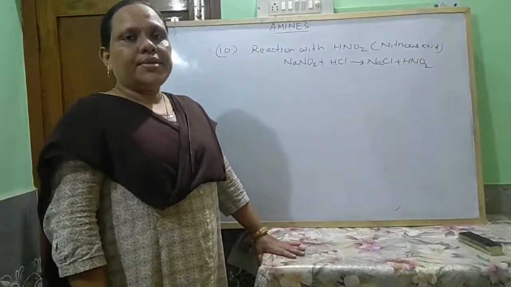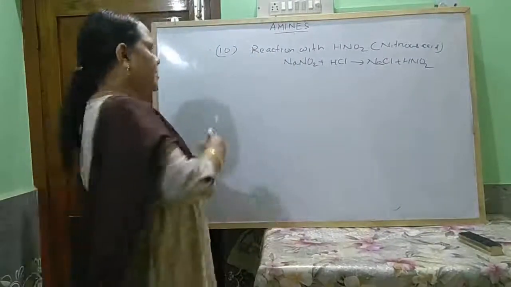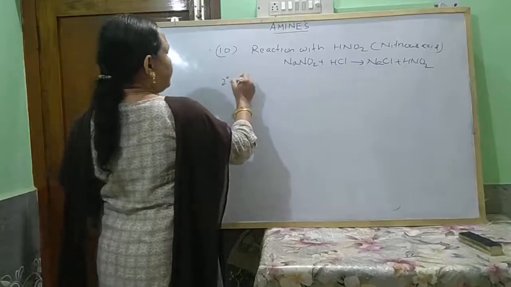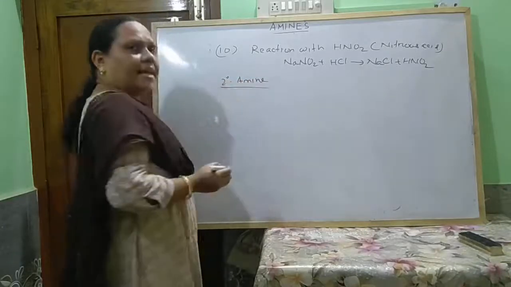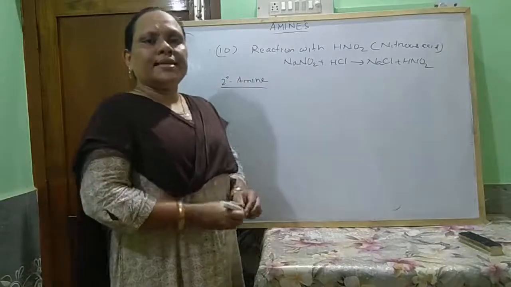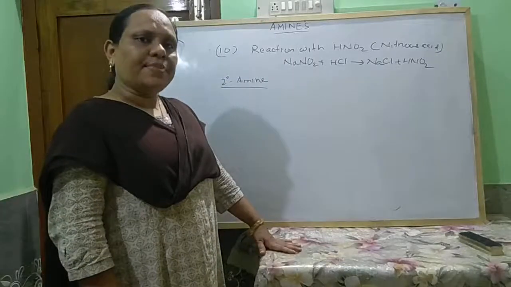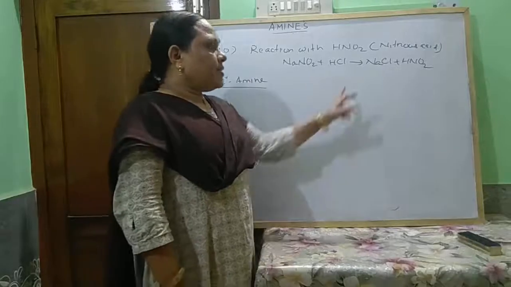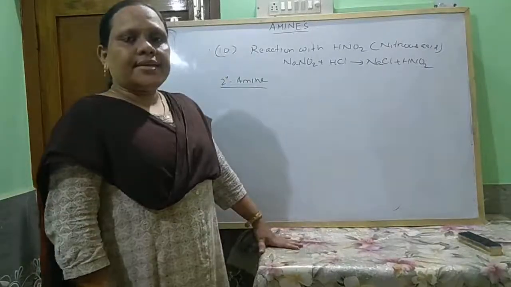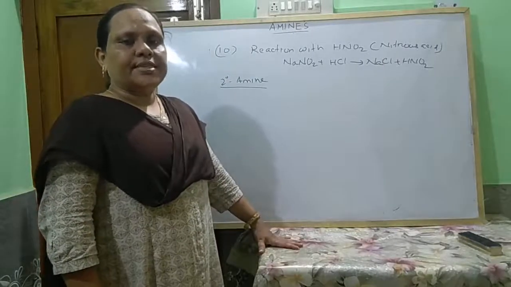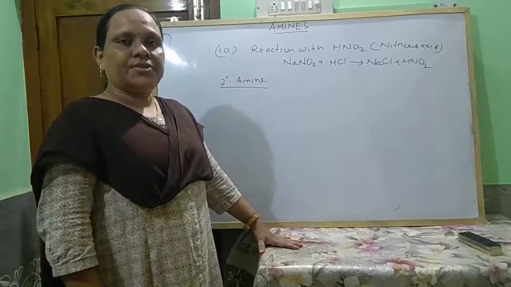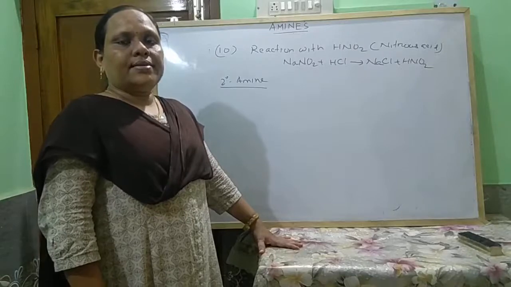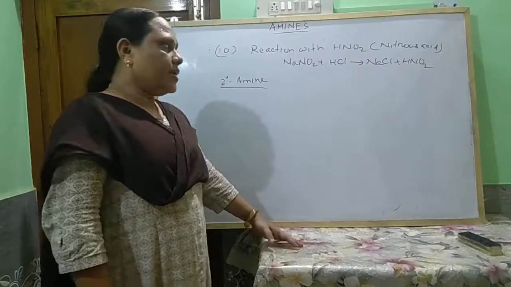Next, reaction with secondary amine. Both aliphatic and aromatic secondary amines react in the same way. When the secondary amine reacts with nitrous acid, it forms nitrosamines, which are insoluble and are yellow liquids.